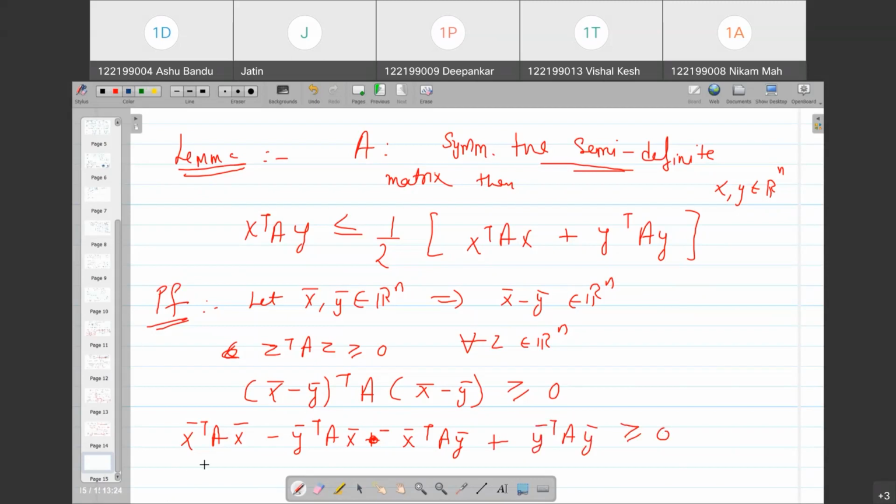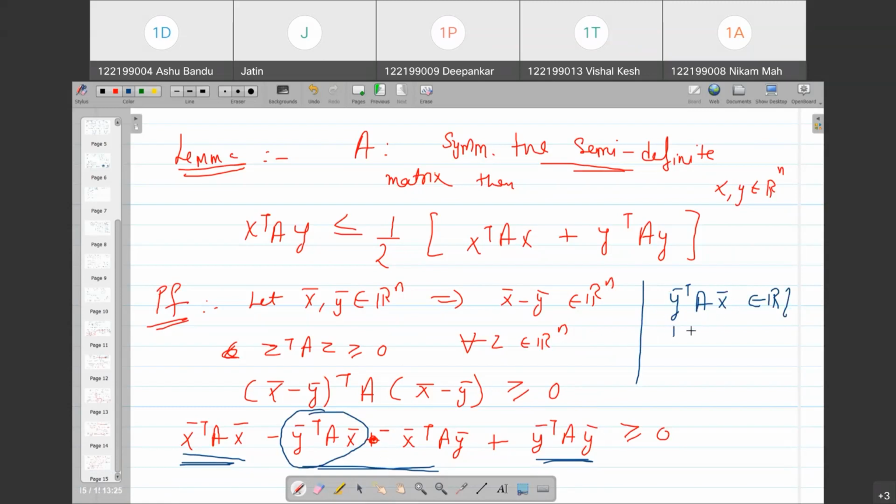Now if you see the proof, I need this factor. So I have to play with one of the factors. Now the question is, with which factor will I play? Now if you observe this quantity, Y bar transpose AX bar, is this a real number?